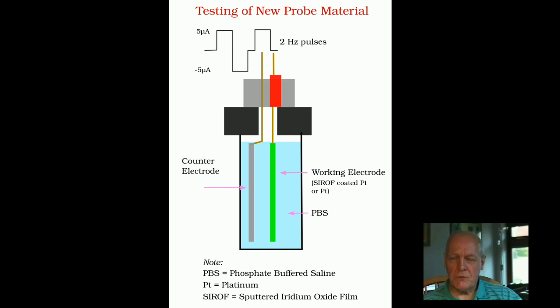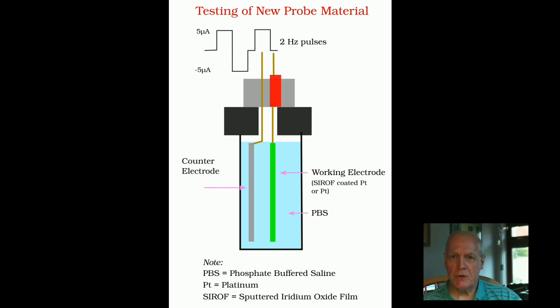So in this diagram you can see the setup. The probes were put into a column, a jar, with phosphate buffered saline immersed in it. They then applied the signal which they carried out the research on the rats with.